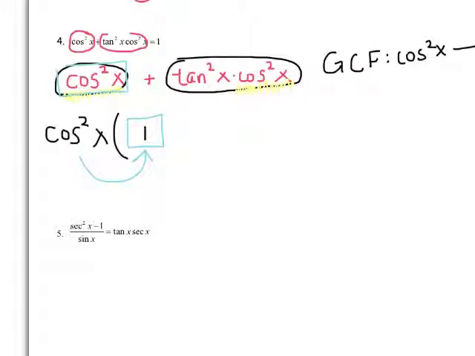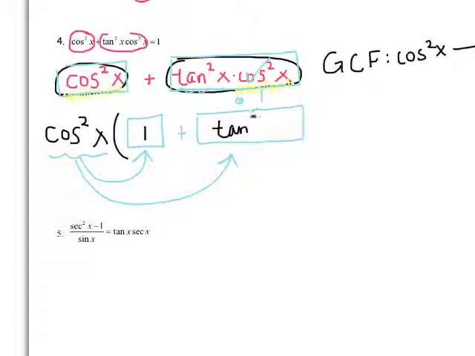Now, cosine squared times what here gets you plus tangent squared cosine squared? I've already got the cosine squared, so that would be like multiplying it times 1 again. But you still have to account for the tangent squared, so I'm going to need to fill in a tangent squared here. The best thing I can advise is to actually do that distribution in your mind and make sure that you could go backwards a step. With these proofs, you should always have the ability to go back a step because you didn't do anything illegal mathematically.